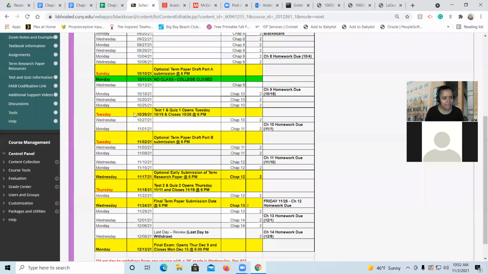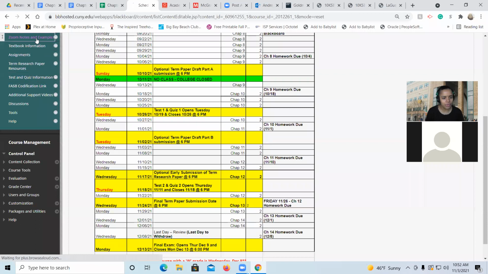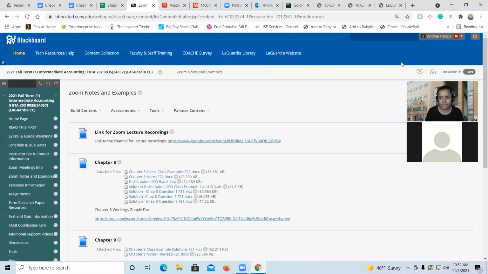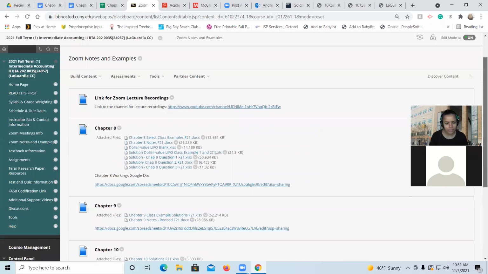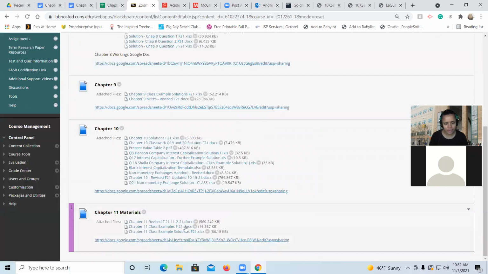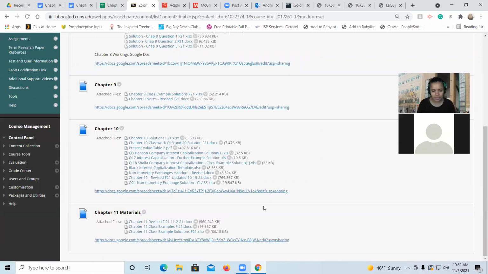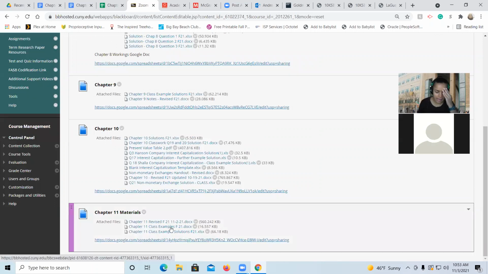All right, for those of you following along on Zoom notes and examples, I did put up the class examples. Previously, I just put up the depreciation example. I went through and added some more class examples for us. So this is a new document that can be downloaded.